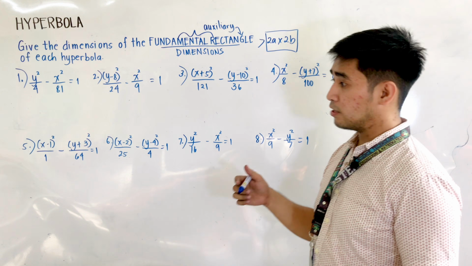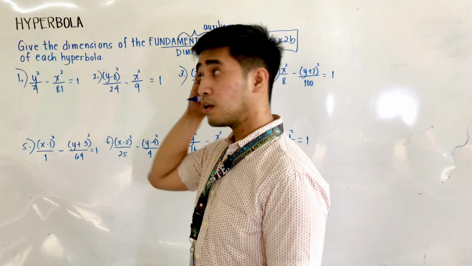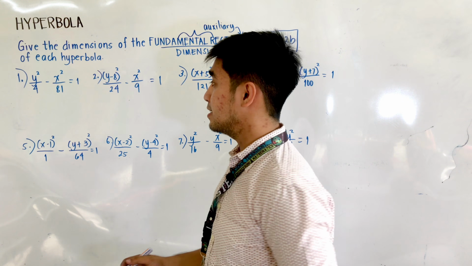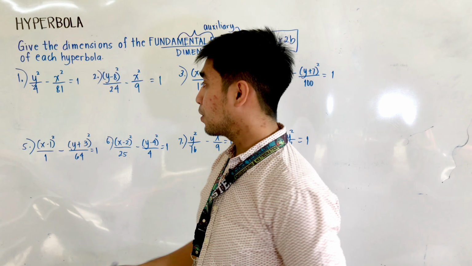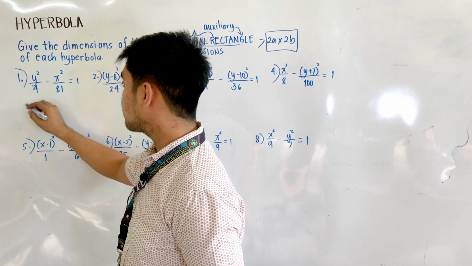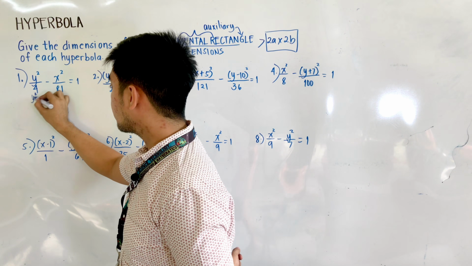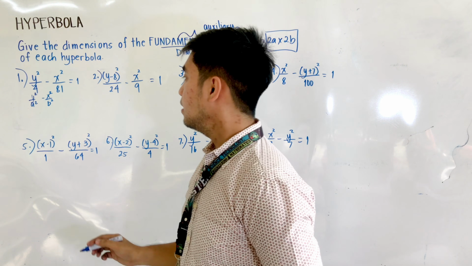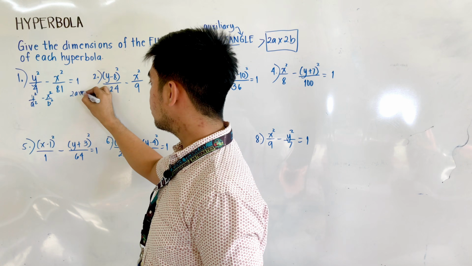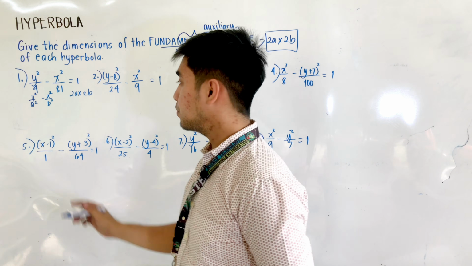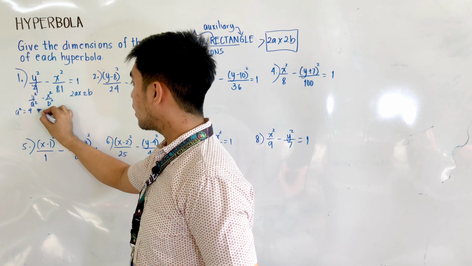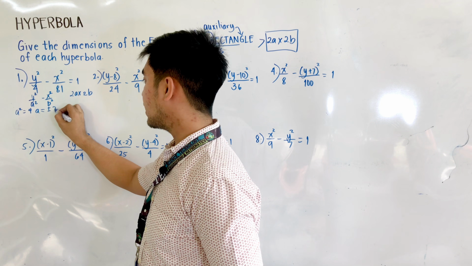Let us now try to solve for the first one. We have y squared over 4 minus x squared over 81 is equal to 1. Therefore, this takes the form y squared over a squared minus x squared over b squared. The formula that we will be using is 2a by 2b. If a squared is equal to 4, our a is equal to plus minus 2.